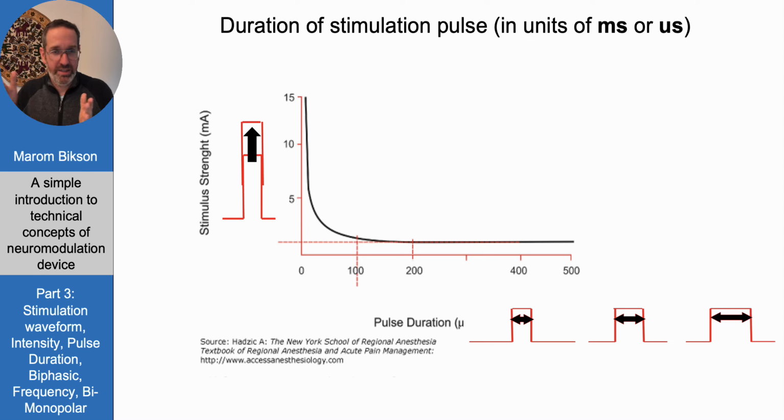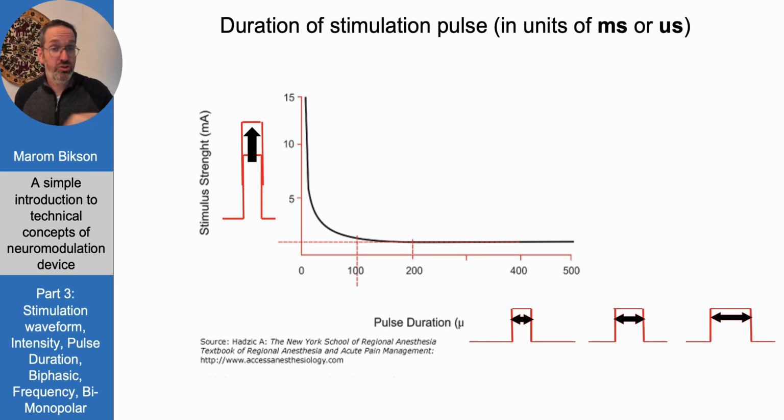At 400 microseconds, we need 1 milliamp. But as duration gets shorter, as we go, let's say, from 100 to 50, and from 50 to 10, we discover that we need much more intensity to make the same neurons fire. So at a long enough length, it doesn't seem to matter. But once we get to shorter pulse widths, which are actually the pulse widths we use in neuromodulation, there's this trade-off where the shorter the pulse, the more amplitude you need to produce activation.